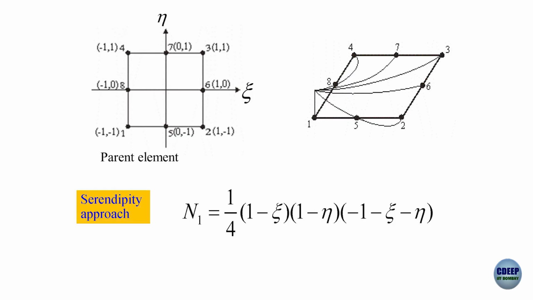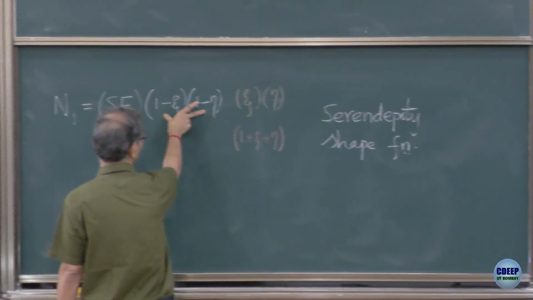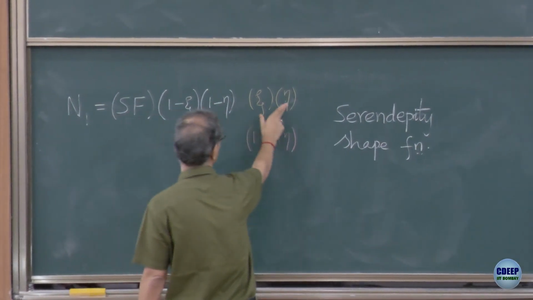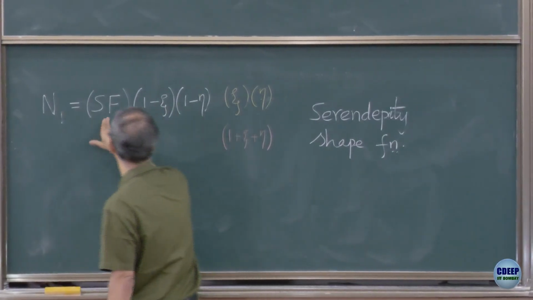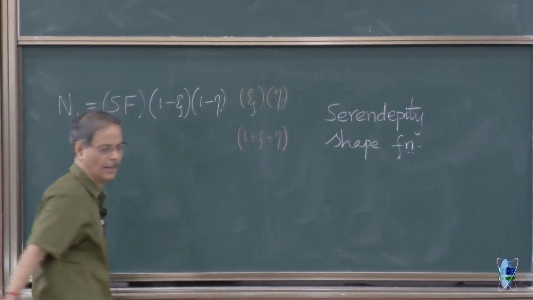That's okay. Now, when you substitute the coordinates of node 1, it should be equal to 1. So the scale factor will get determined based on that. In this case, node 1 is minus 1, minus 1, so 2 into 2 into 1 gives 4, so 1/4, like that.